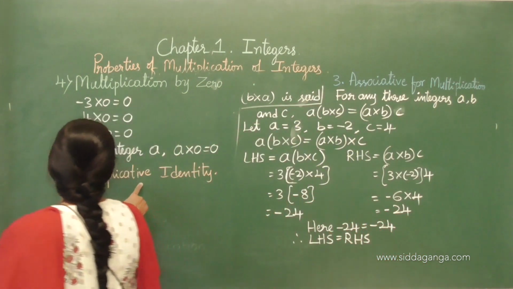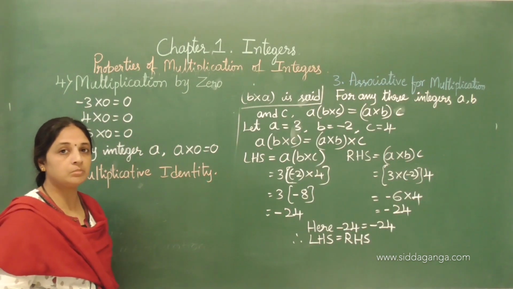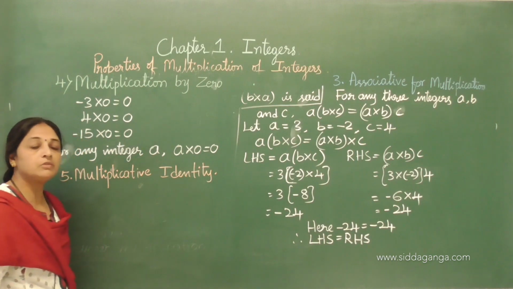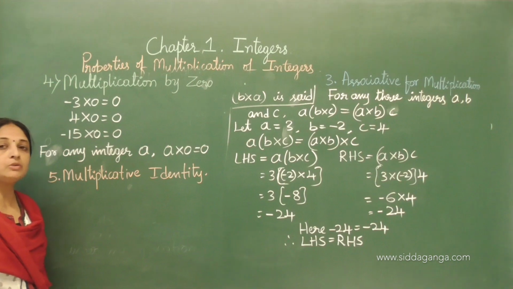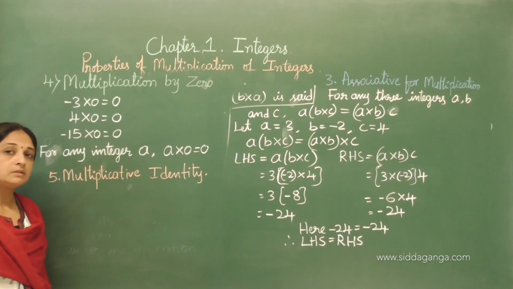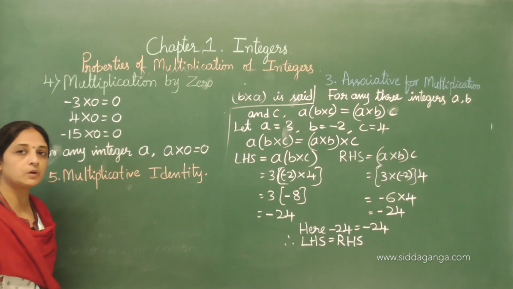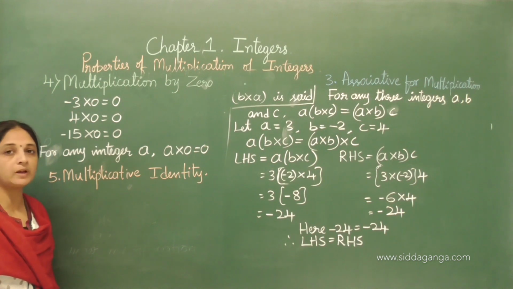number. Here, with which number do you multiply any number to get the same number as the product? Guess that. By which number can you multiply to get the same number as the product?